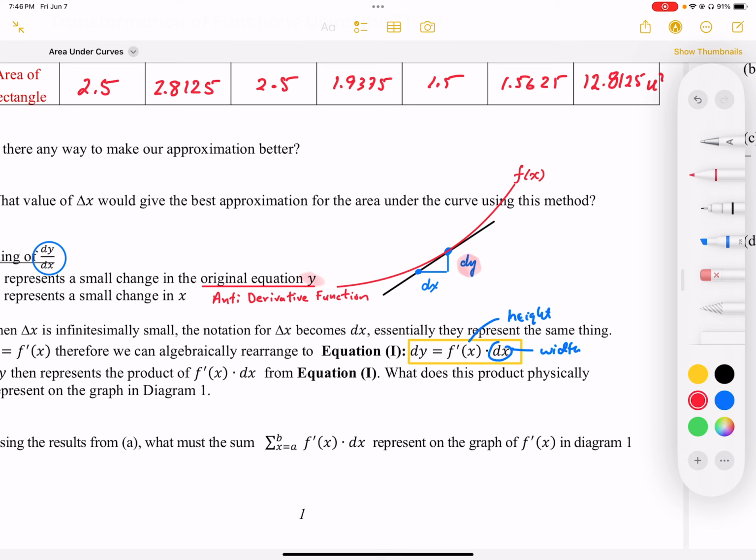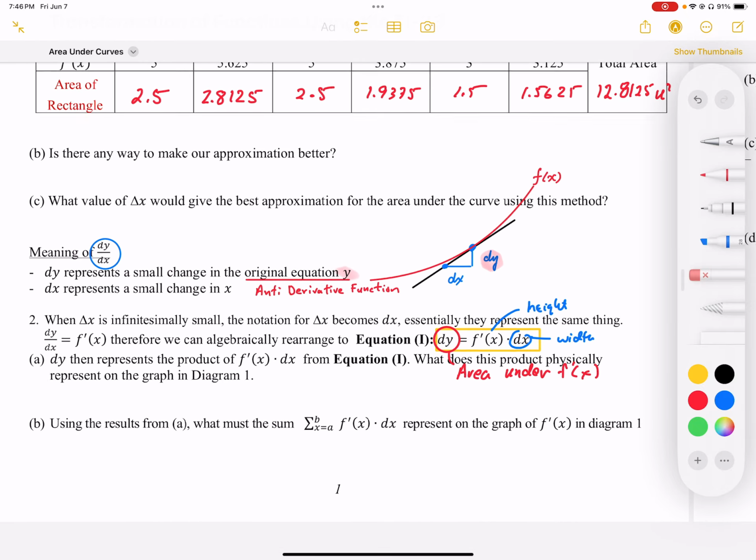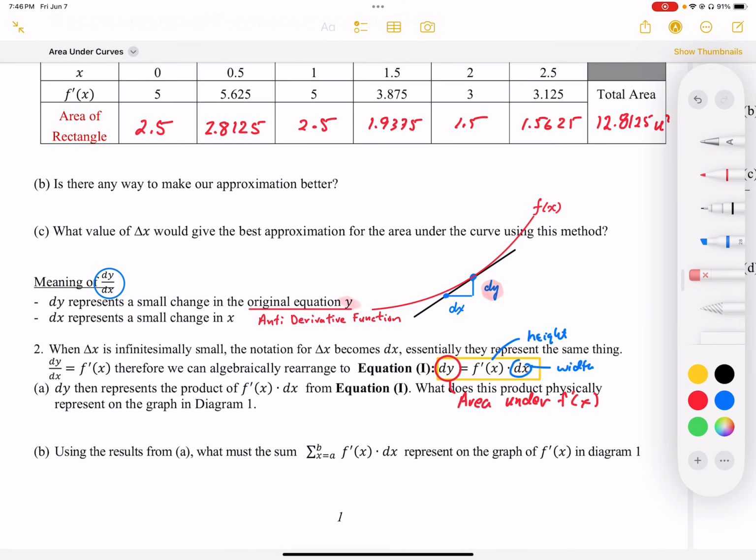So that means that this dy must represent the area under f prime. So that's what we've been looking at. We've been looking at area under f prime, and that must be the same as a small change in the antiderivative.